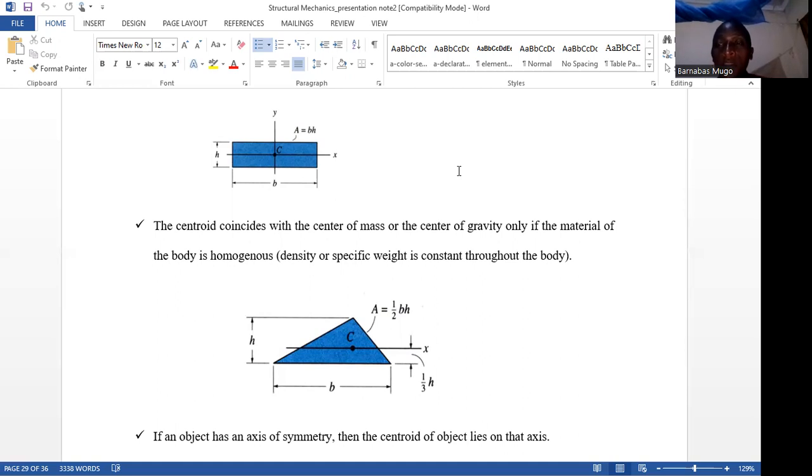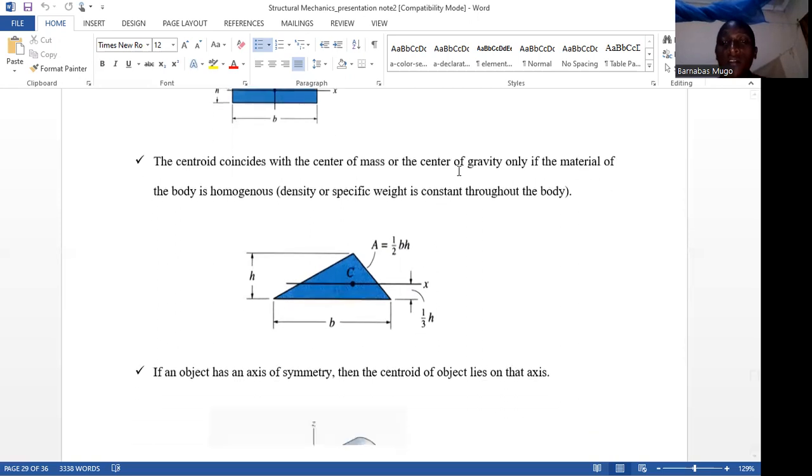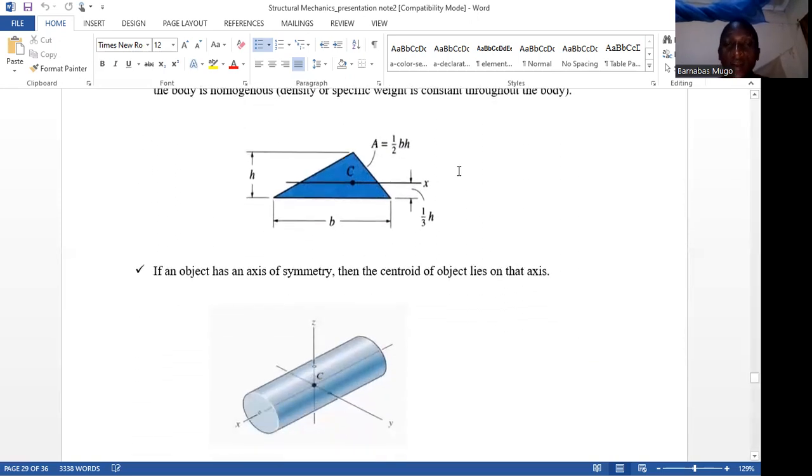This only happens when the material is homogeneous, meaning that the density or specific weight is constant throughout the body. You can see this triangle here. We can see the location of the center, or the centroid, which is C.